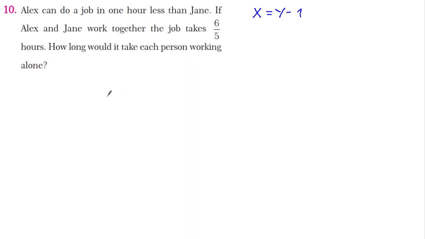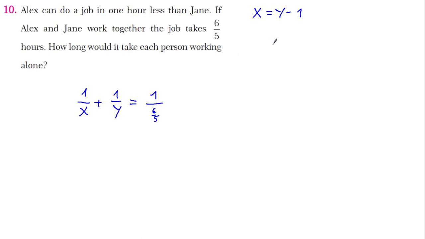Well, just like the previous exercise, in 1 hour, Alex would do 1 over x of the job, and Jane would do 1 over y of the job. And in 1 hour, they would do 1 over how long would it take to finish the job? That's 5 over 6.